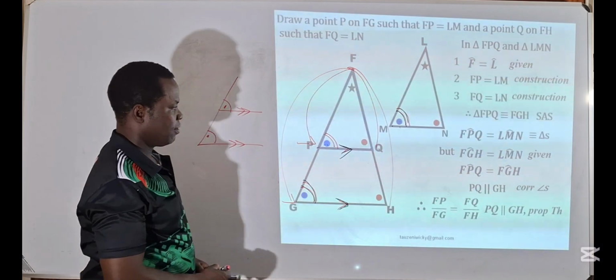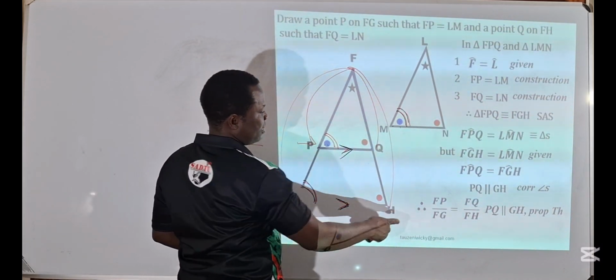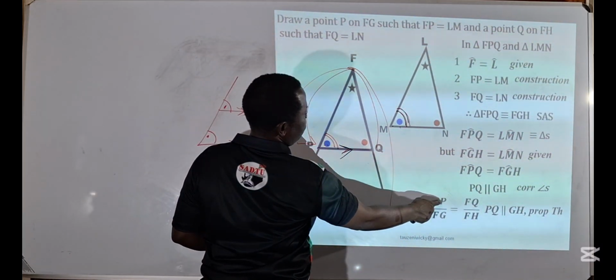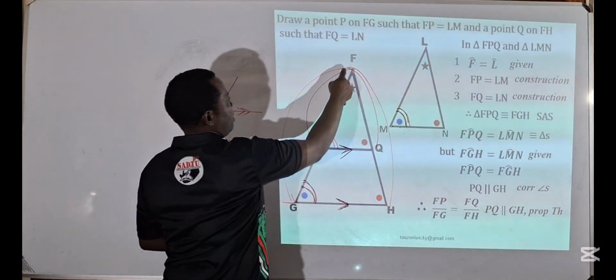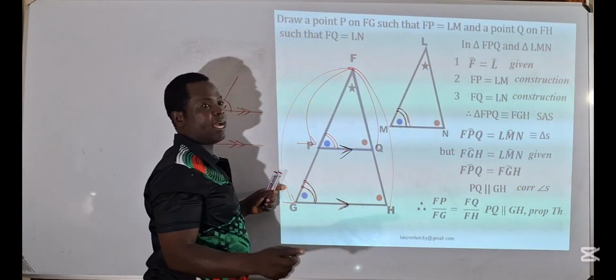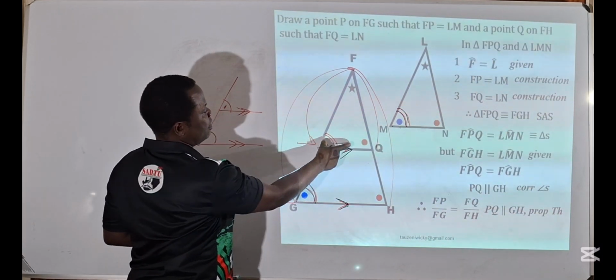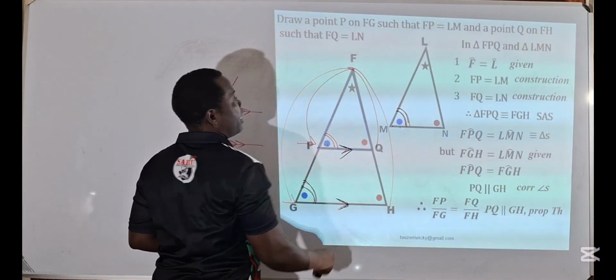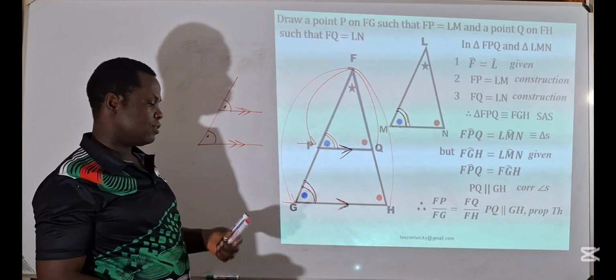Then from there, we notice that in this fraction, the line FP, the line from F to P, and the line from L to M are equal to each other, since the top triangle and this triangle are congruent to each other.